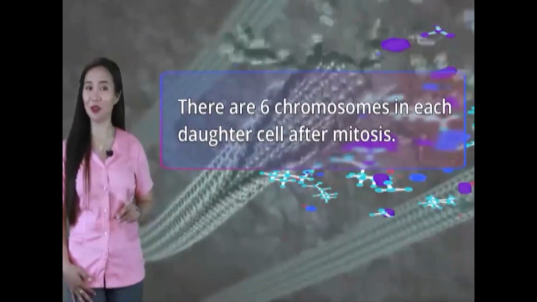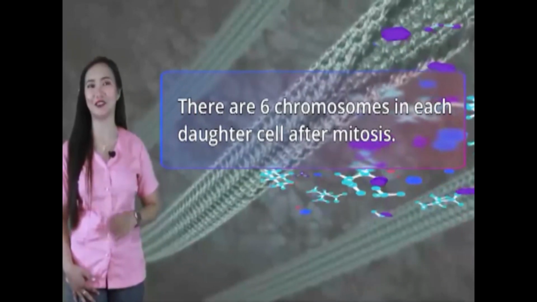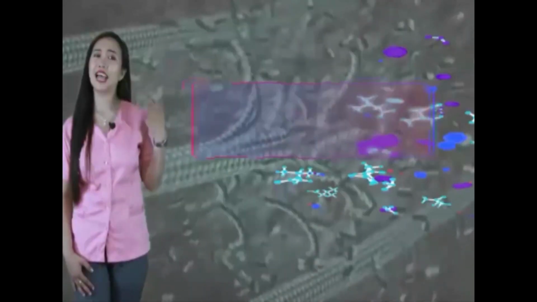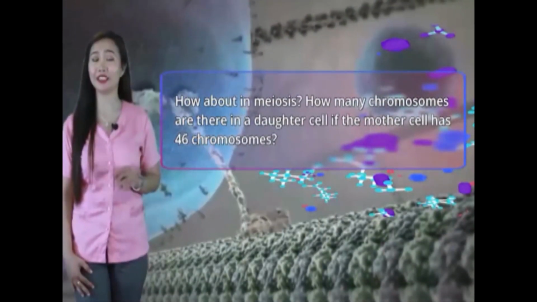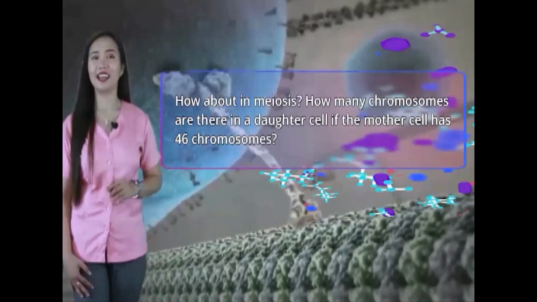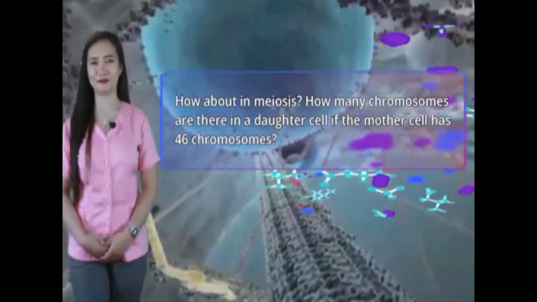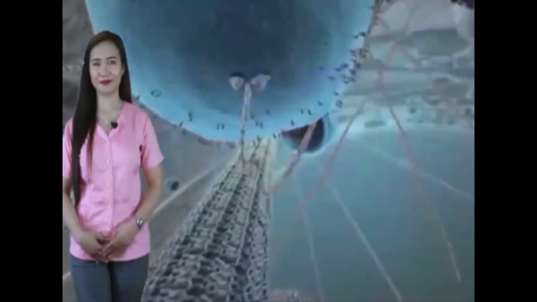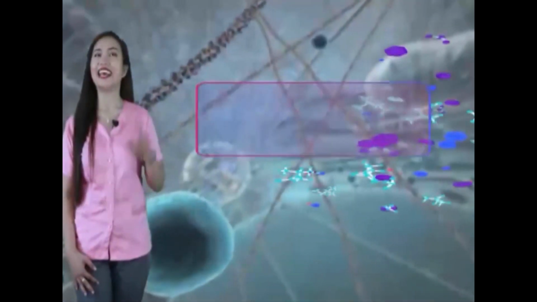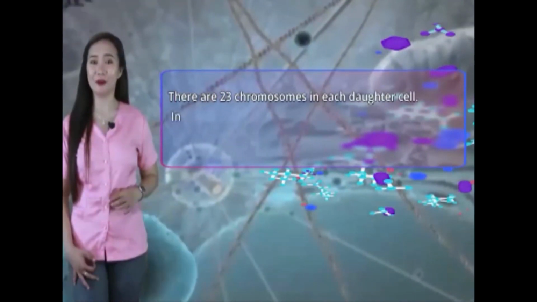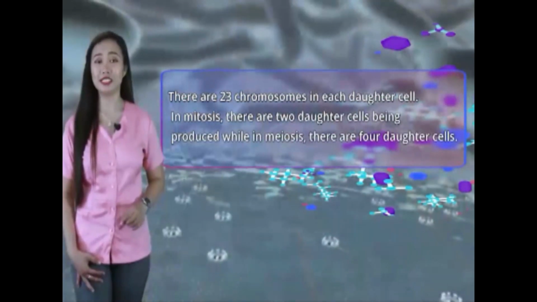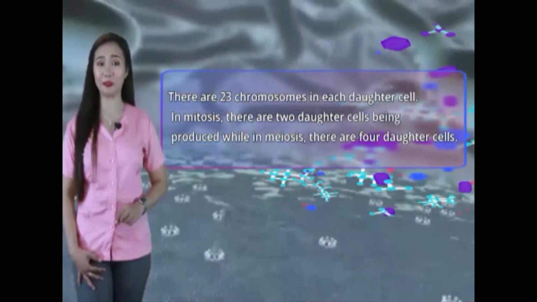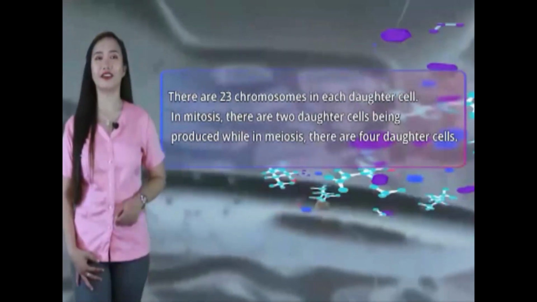There are 6 chromosomes in each daughter cell after mitosis. How about in meiosis? How many chromosomes are there in a daughter cell if the mother cell has 46 chromosomes? Excellent! There are 23 chromosomes in each daughter cell. Remember, class, that in mitosis, there are 2 daughter cells being produced, while in meiosis, there are 4 daughter cells.